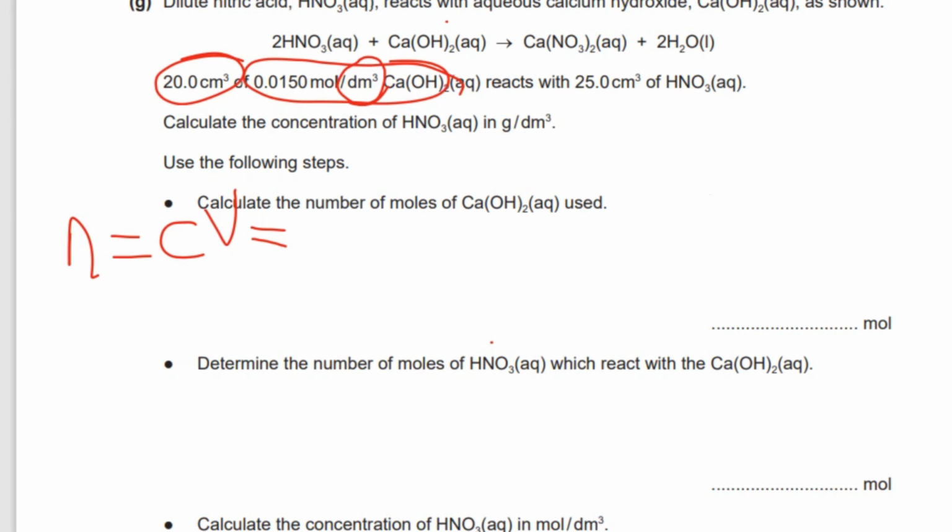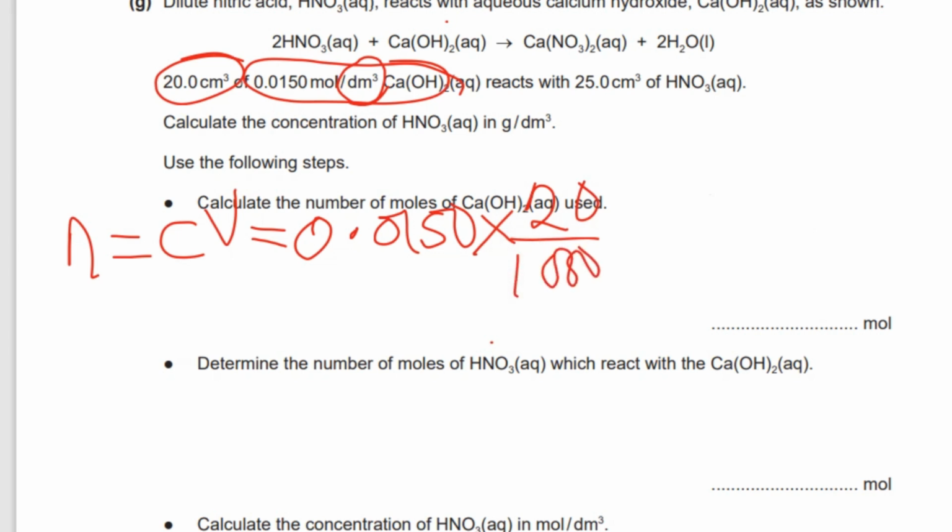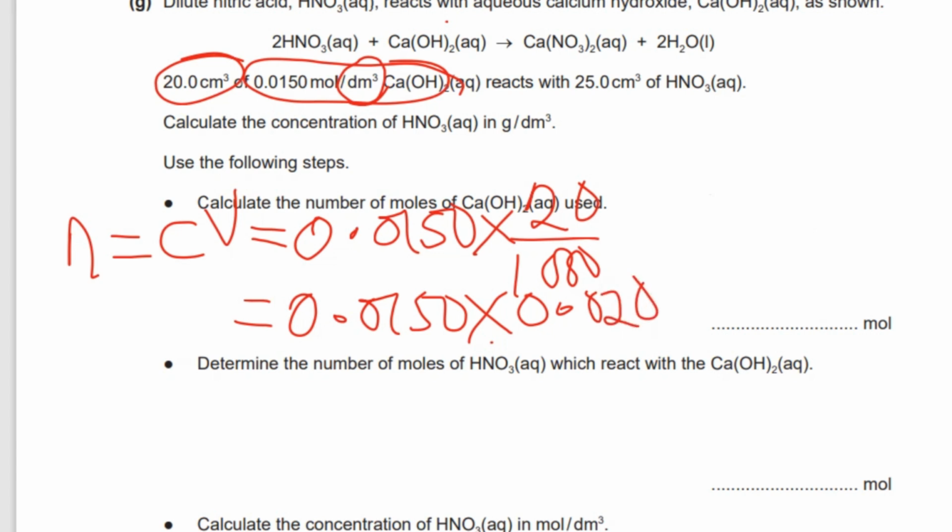So we take our concentration, 0.0150, multiplied by volume. Our volume is 20, but then we have to convert it to dm³ by dividing the volume by 1000. So at the end of the day, you have 0.0150 multiplied by 0.020.